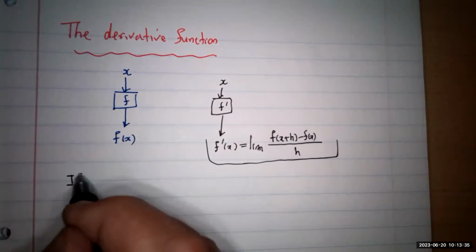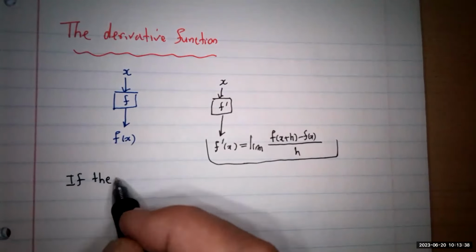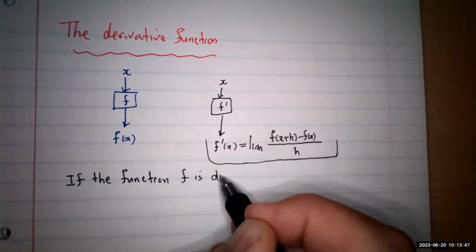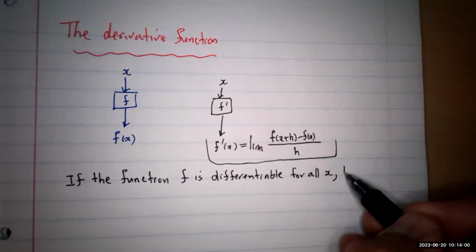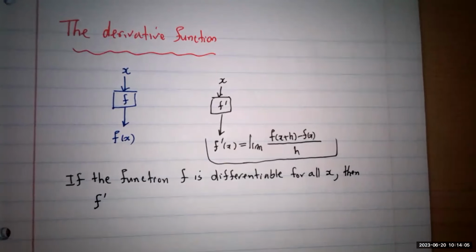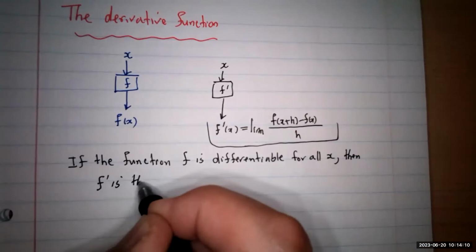If the function f is differentiable for all x, then we have the machine f prime. f prime is the derivative function.